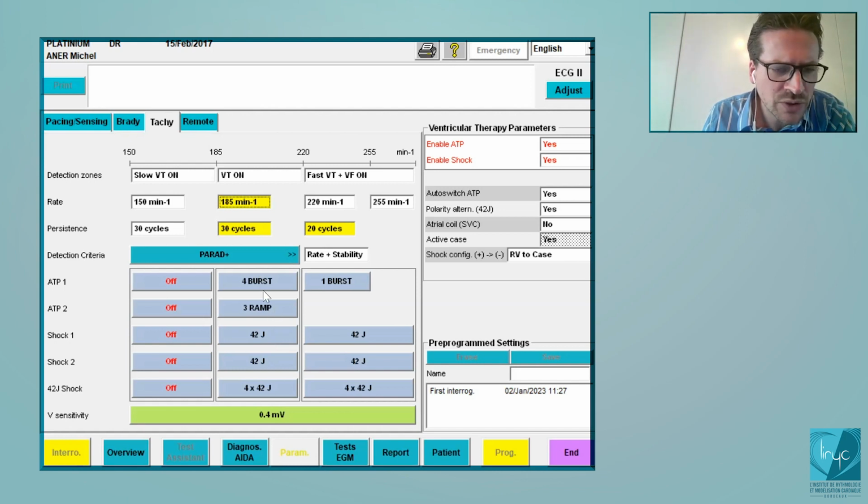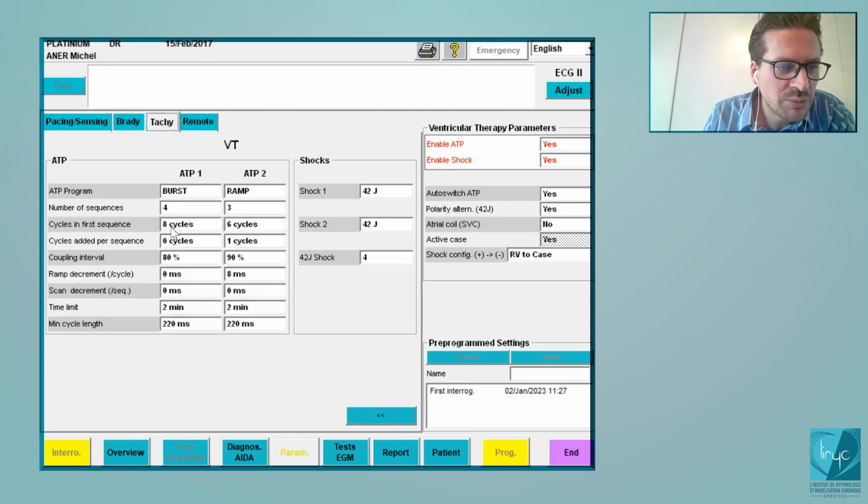ATPs, and whether those are bursts or ramps in our data sets didn't make a statistical difference. But I know that many electrophysiologists are a bit afraid of ramps because they are more aggressive. And this is also one particularity of Microport devices, that for those ATPs, you can really program a lot. So of course, you can program the number of sequences, how many cycles are added per sequence, and then the coupling interval, which is recommended to be between 80–88%.